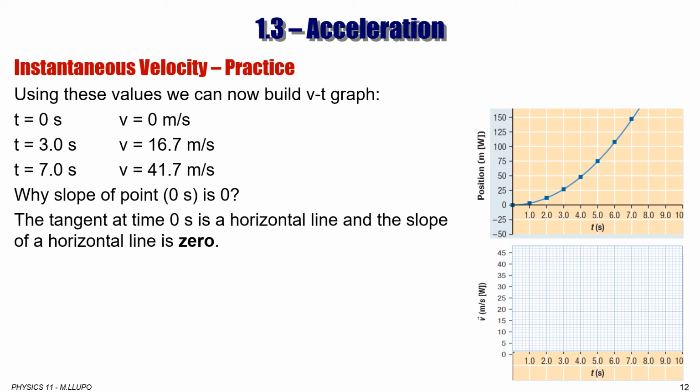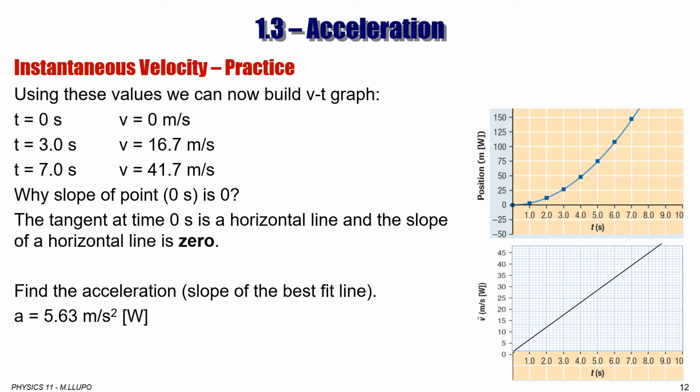You have to be careful because the time has to match. The time of a velocity time graph and a position time graph has to be exactly the same because we are talking about the same motion happening at the same time. So you can plot those pairs of values, at time 0, 3 and 7, and then draw what we call a line of best fit.